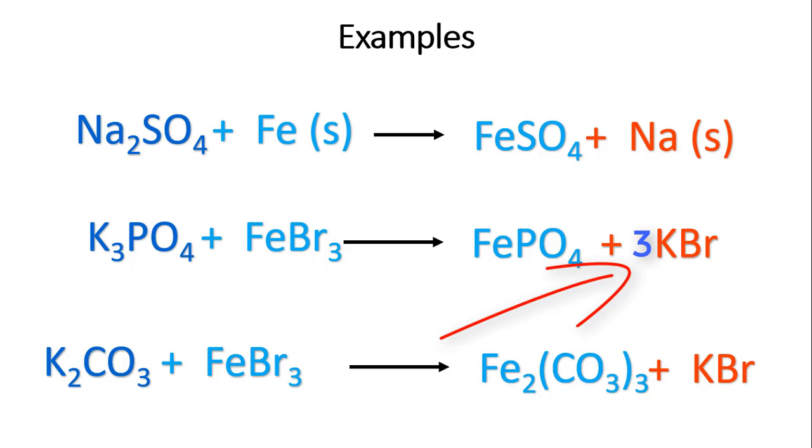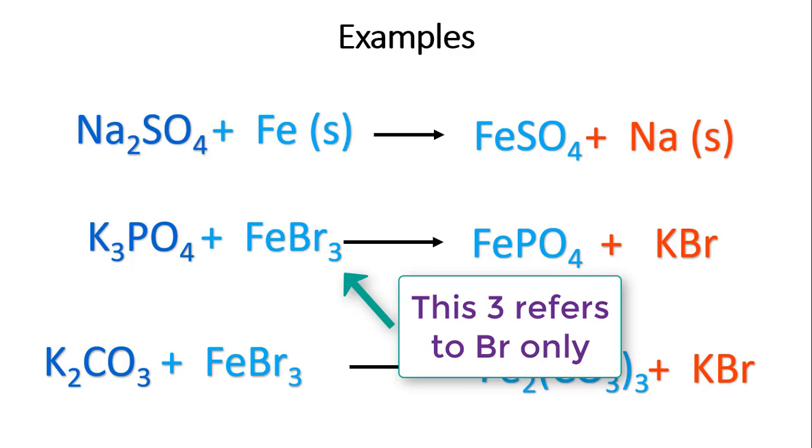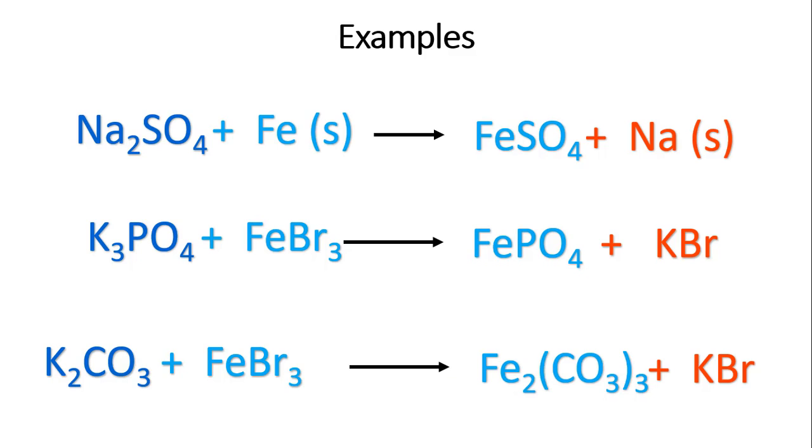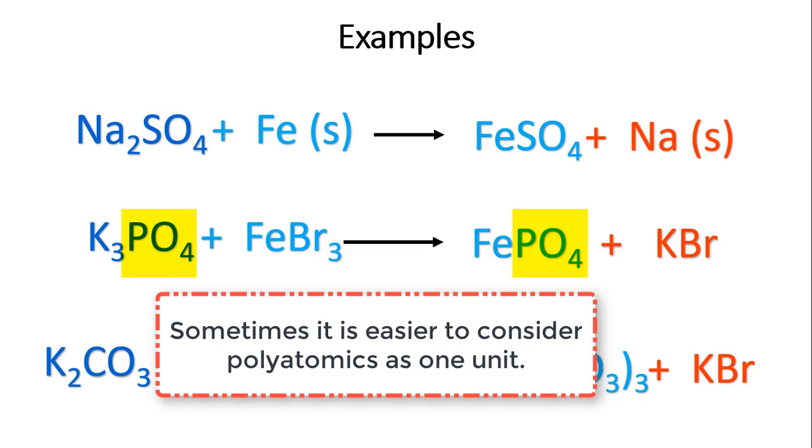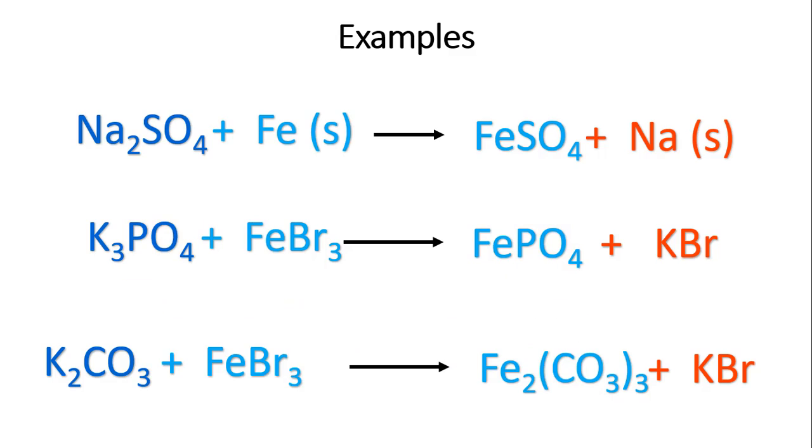I put a 3 in front of potassium bromide, and that now gives me 3 potassiums, but I also have 3 bromides, right? So now look on the other side, and I have a Br3. That subscripted 3 means that there are 3 bromines there, right? So now that particular reaction is balanced. There's 1 iron on each side, there's 1 phosphate anion on each side, and then there's 3 potassiums on each side and 3 bromines on each side.